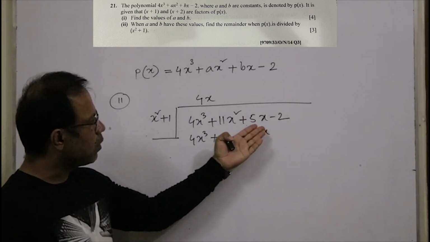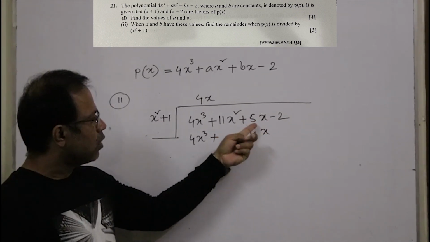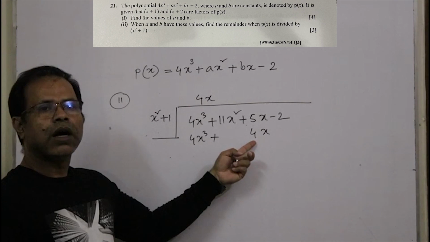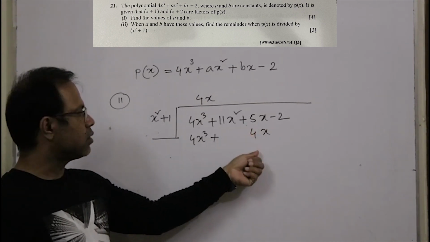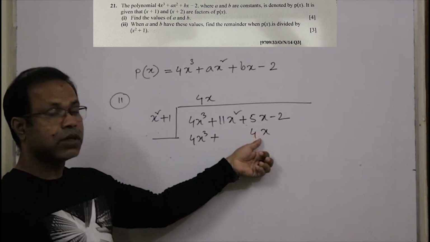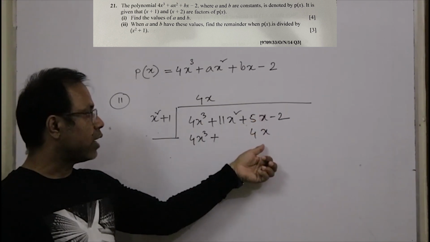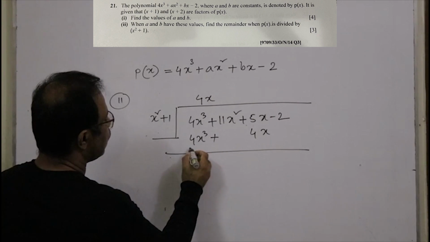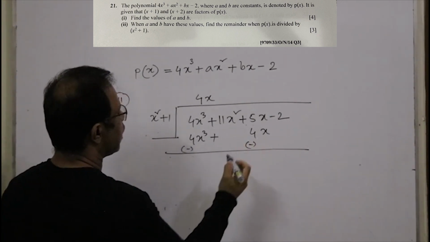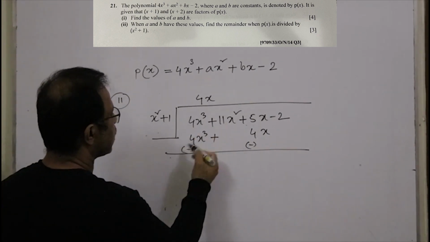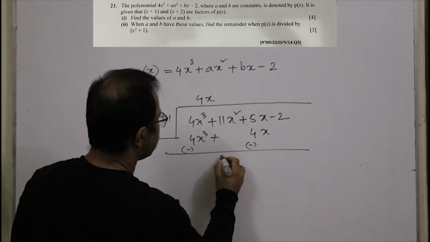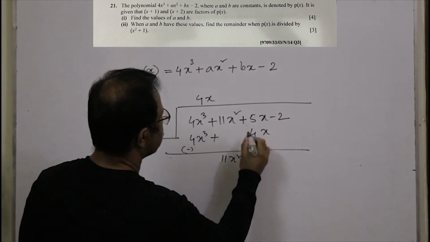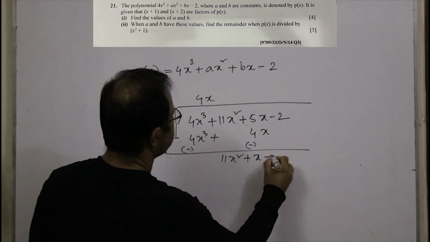We should put 4x underneath 5x because x should be written below x, not x squared. If we subtract, then the sign will change. This one cancels, so here it will be 11x squared plus x minus 2.